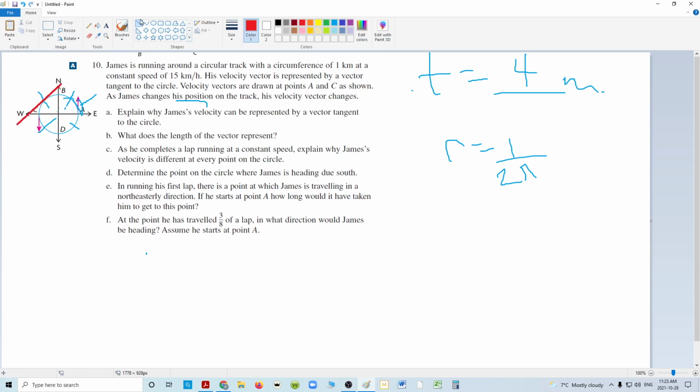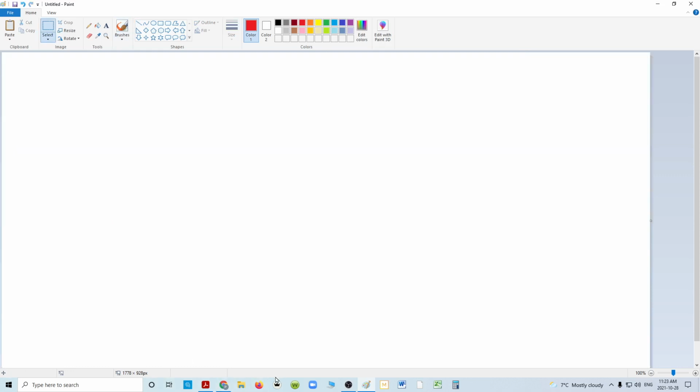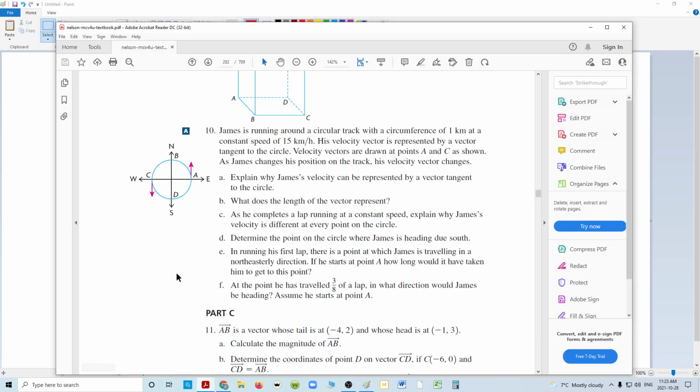That direction happens to be southwest. So I know he hits that point there, not quite right on the tangent. If I put it back on the compass, I can see that that is southwest. Okay, let's keep going on.